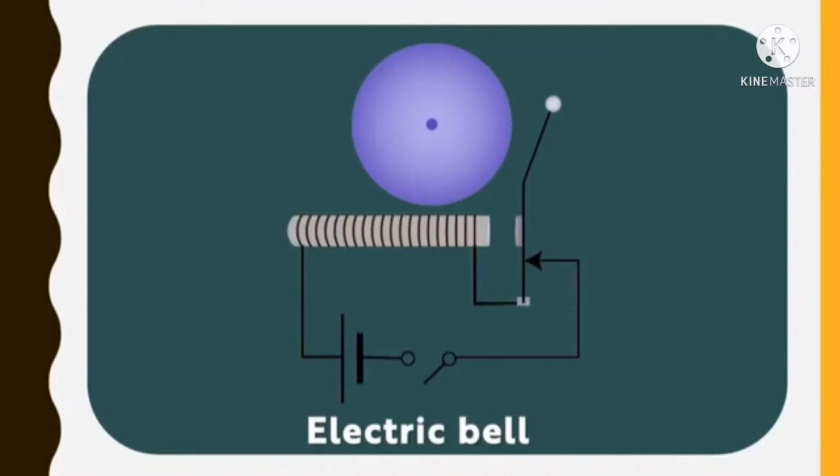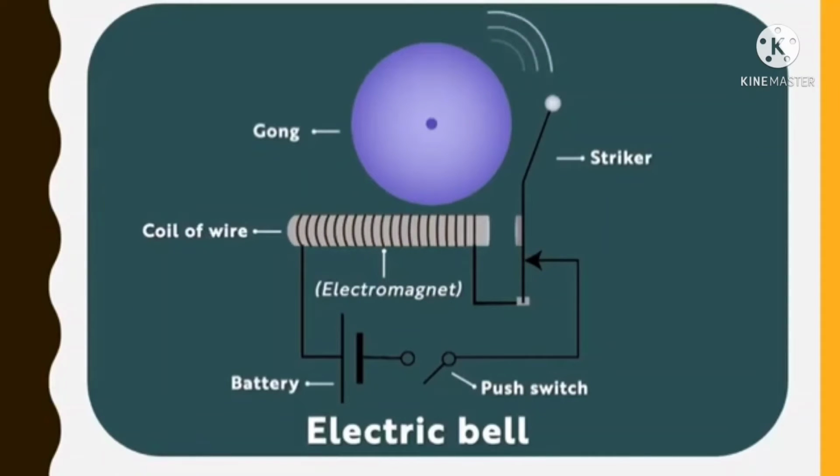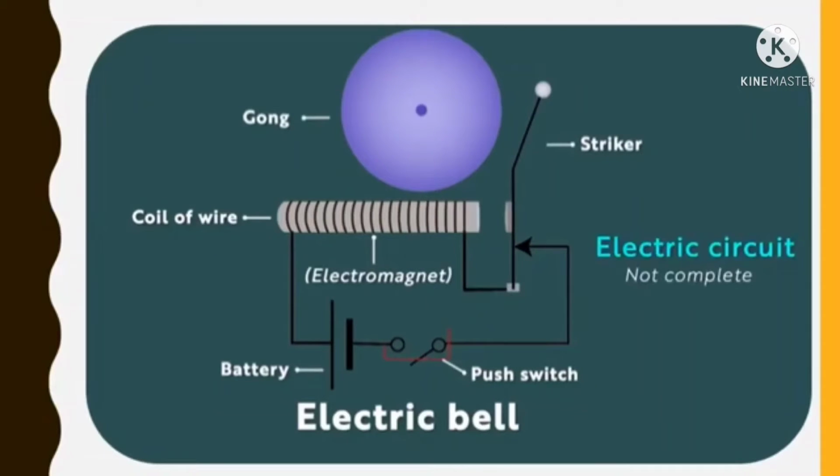The mechanism of the electric bell is given in your textbook. Here we are going to discuss the various parts related with the electric bell. There is a push switch at the bottom. There is a battery and the coil of wire, because the wire is wound as a coil, and a striker and a gap.